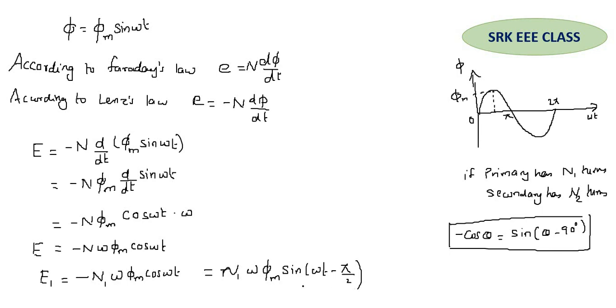We can write E1 is equal to n1 omega, that is 2 pi f, phi m sin of omega t minus pi by 2. Let this be equation number 1.